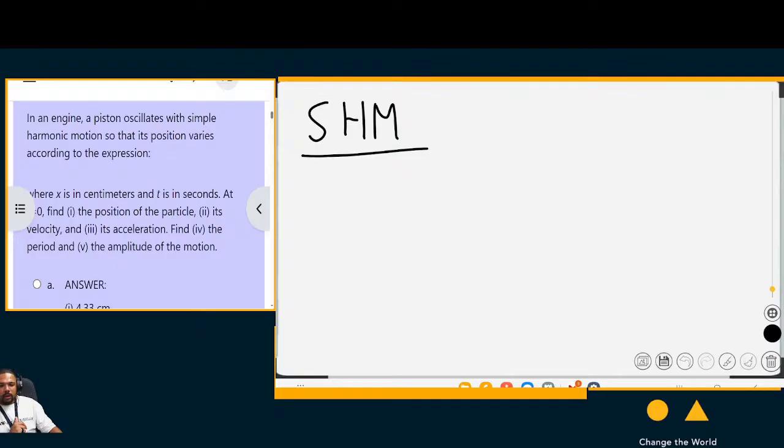So simple harmonic motion. In an engine, a piston oscillates with a simple harmonic motion so that its position varies according to the expression. They didn't give the expression there, but I'm going to give it.